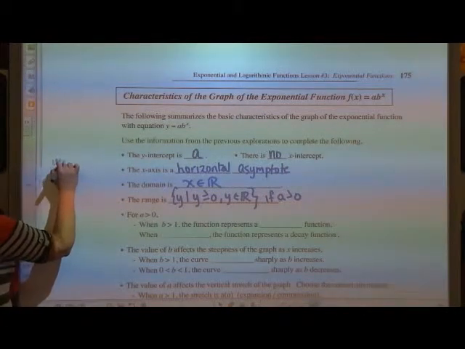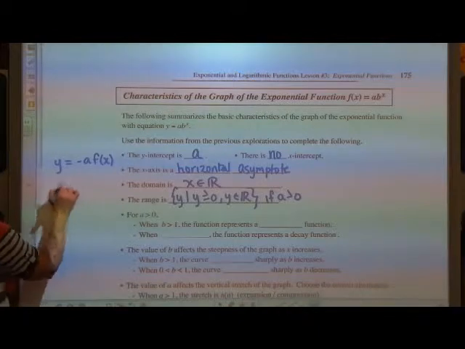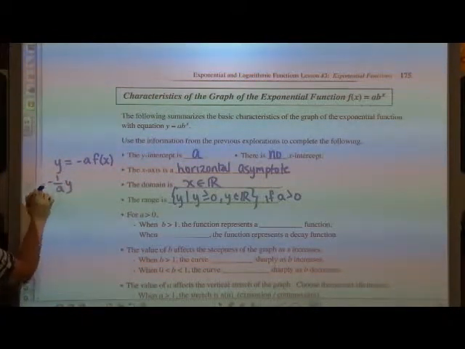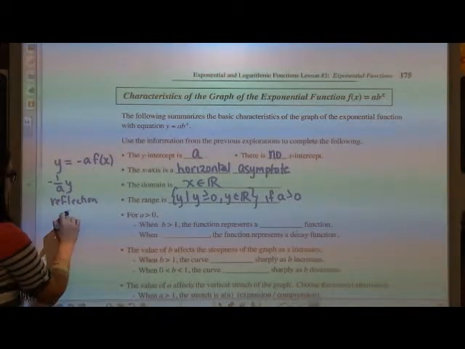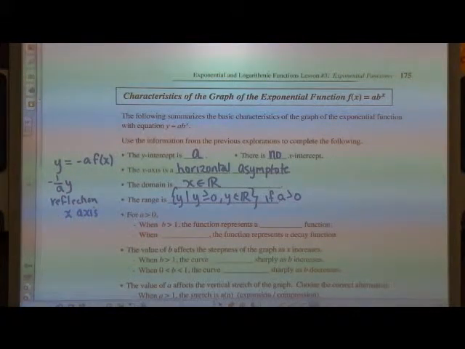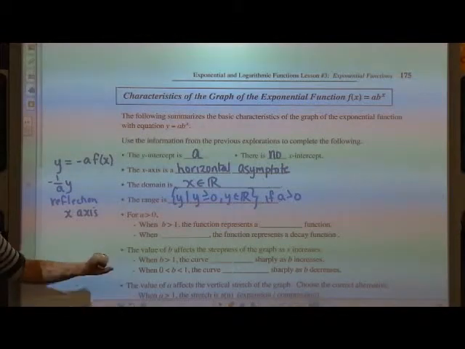So if I get y equals negative a f of x, that means I'd have a negative 1 over a y. This negative would be a reflection in the x-axis. So if this is a reflection in the x-axis, that means that it's down below, in quadrants 3 and 4.